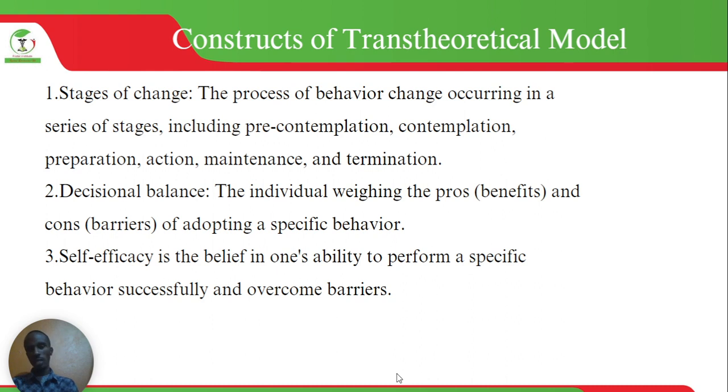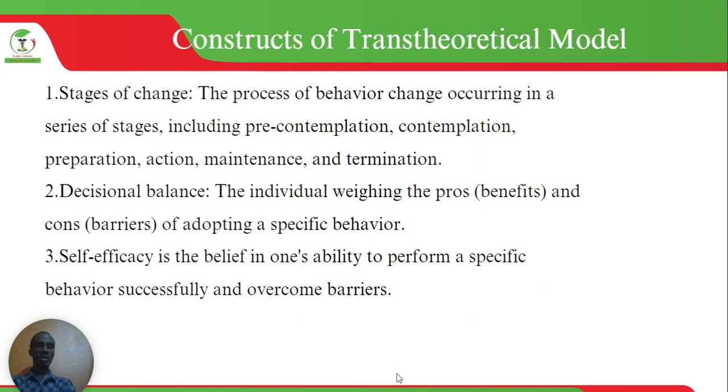So before they engage in this particular behavior, which is desirable as far as living in a healthy manner is concerned, they must weigh the benefits, which we have termed as pros, and the barriers, or the risks that could arise from this behavior.